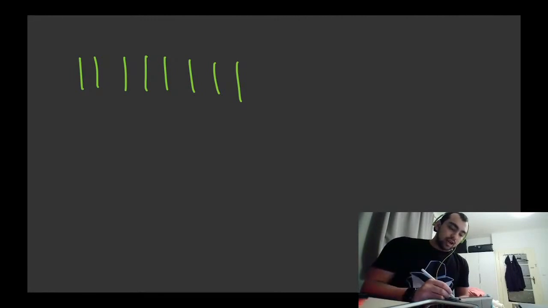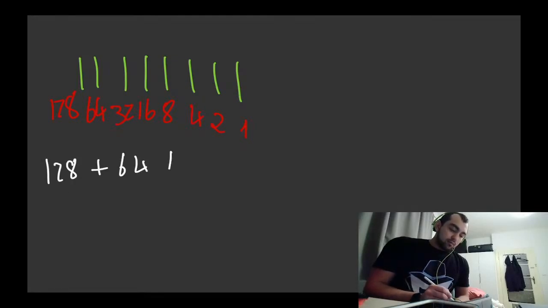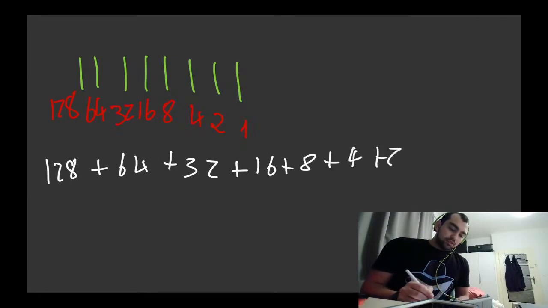If we're doing base 2, this is 2 to the power of 0. I'm just going to write the number that it is instead of the power. So 2 to the power of 0 is 1, 2 to the power of 1 is 2, 2 to the power of 2 is 4, 2 to the power of 3 is 8, 2 to the power of 4 is 16, 32, 64, 128. The result is 1 times everything, so it's 128 plus 64 plus 32 plus 16 plus 8 plus 4 plus 2 plus 1.